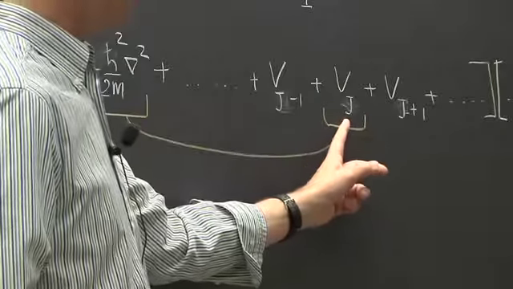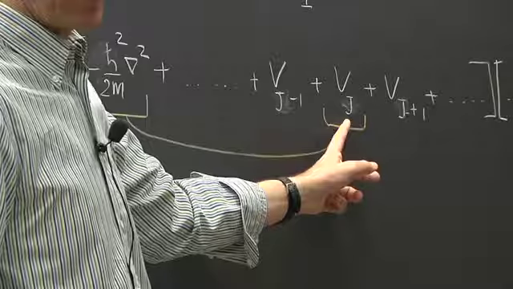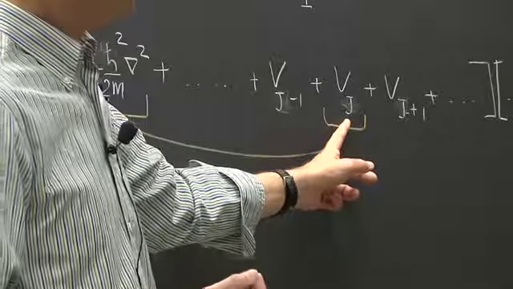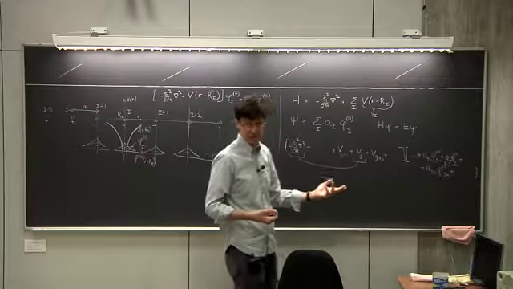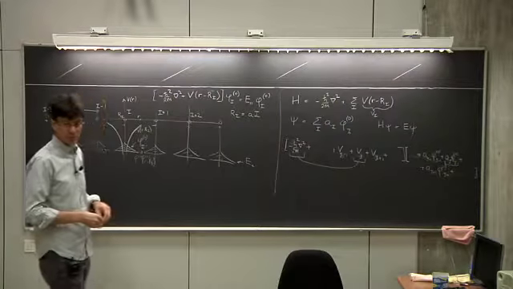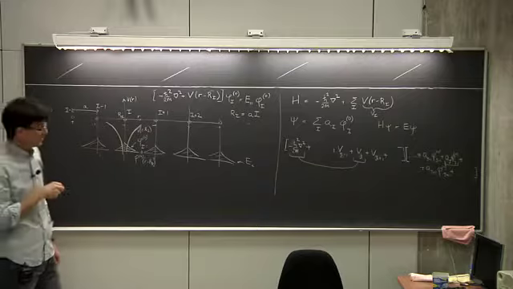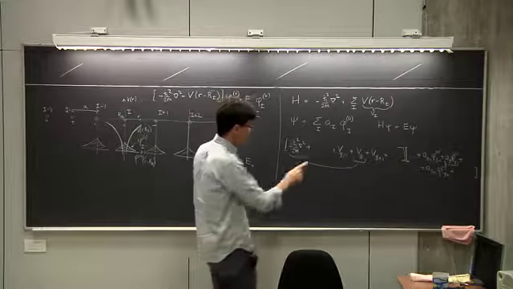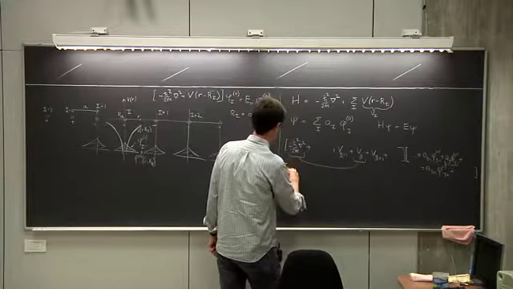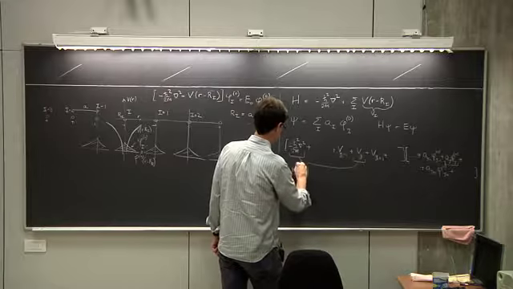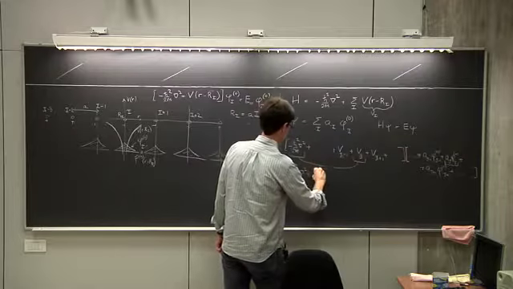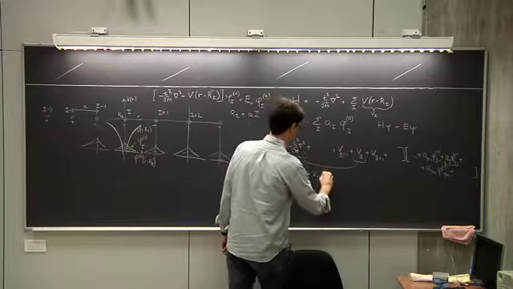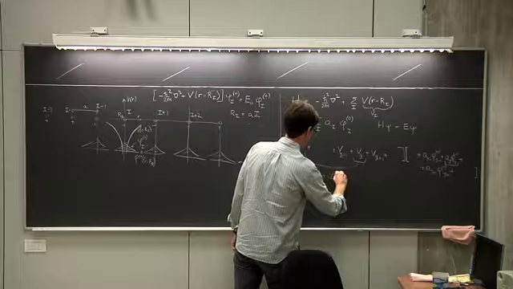Because this plus this is exactly the atomic Hamiltonian at site J. And when I apply to this one, I'm going to get the atomic energy, right? So there is a good reason why I'm doing that. So let me rewrite this in this form. Plus Vj, plus delta Vj.